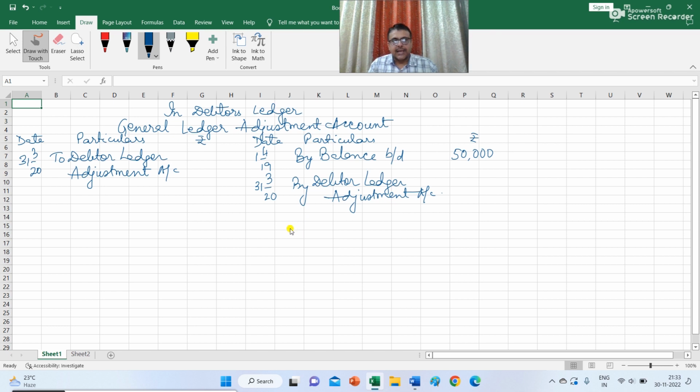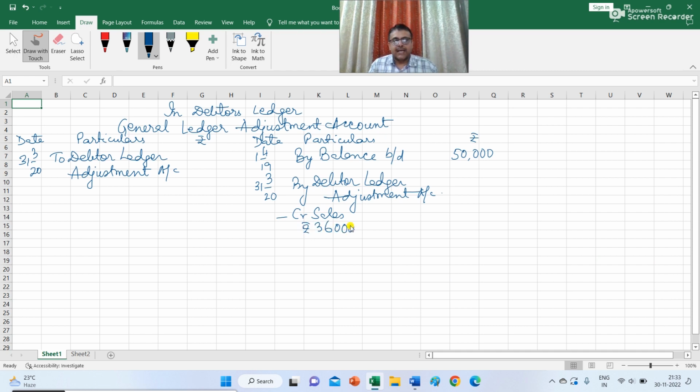So on credit side of this general ledger adjustment account, I am writing here as credit sales. Again repeating, debtor ledger adjustment account debit to general ledger adjustment account. So below this, I am writing credit sales, rupees 3,60,000.